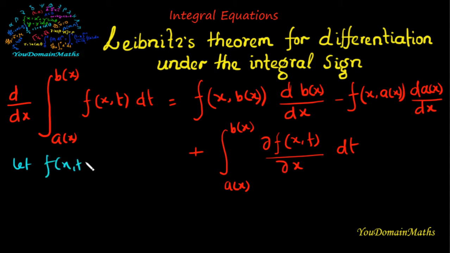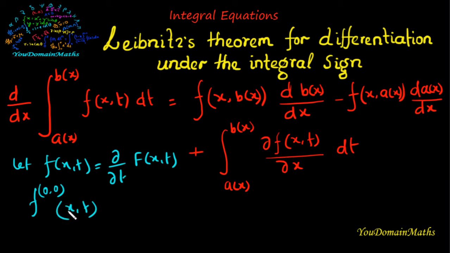f of x comma t equal to del by del t of f of x comma t. The above relation is denoted in another format, that means f of 0 comma 0 at x comma t, meaning no derivatives with respect to x or t, and f of 0 comma 1 at x comma t represents the function's partial derivative with respect to t only.